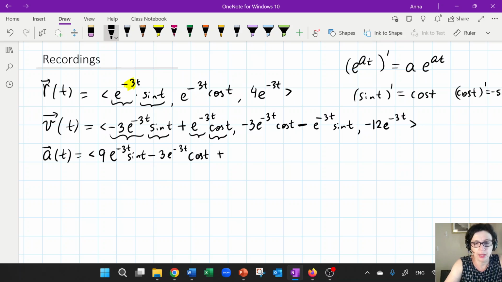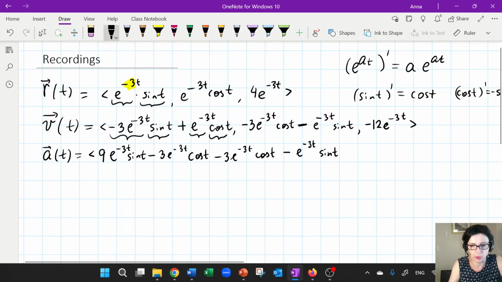Then negative 3 goes to the front again, so that's negative 3 e to the negative 3t times cosine. And then it will be minus e to the negative 3t sine t, because derivative of cosine is negative sine. That's why the plus turns into a minus. Okay, that's the x component.